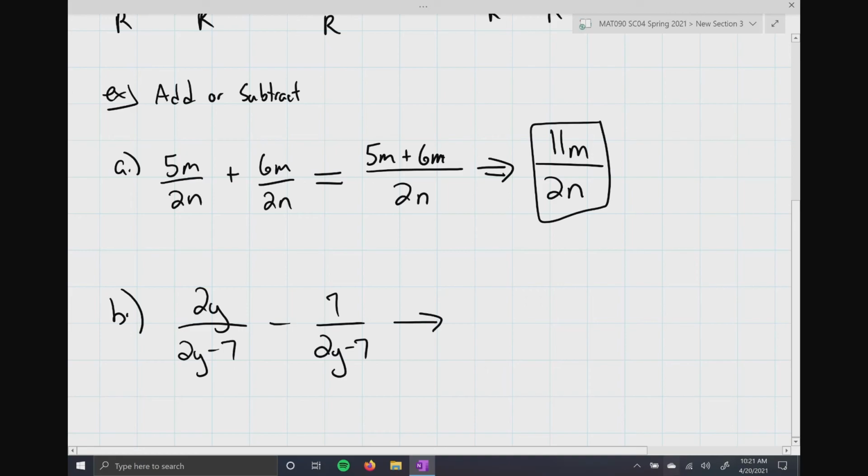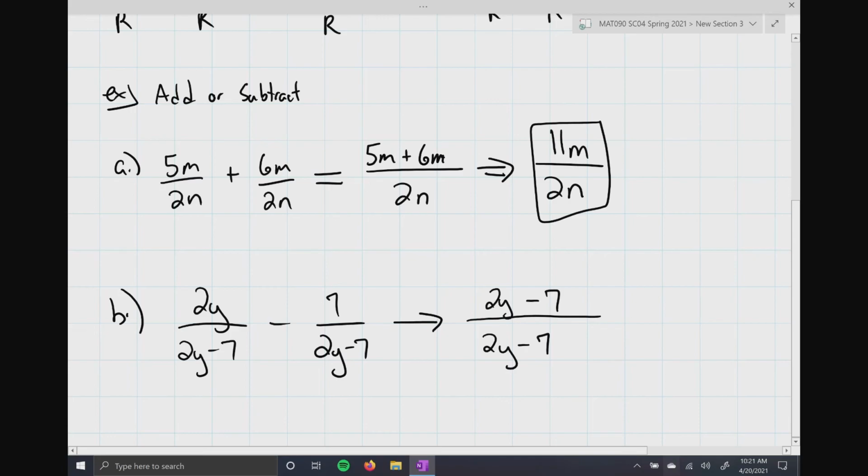All right. We have 2y over 2y minus 7 minus 7 over 2y minus 7. Now, first thing, look at the denominators. They're the same. So I rewrite the denominator once, and I write out the entire numerator.